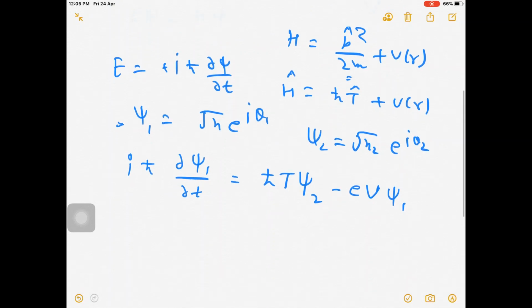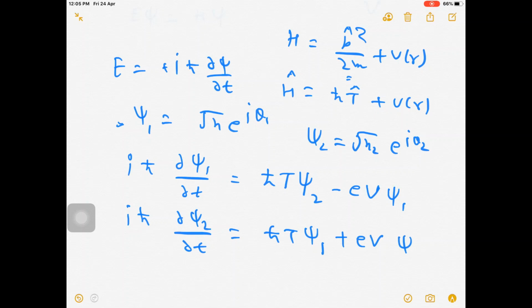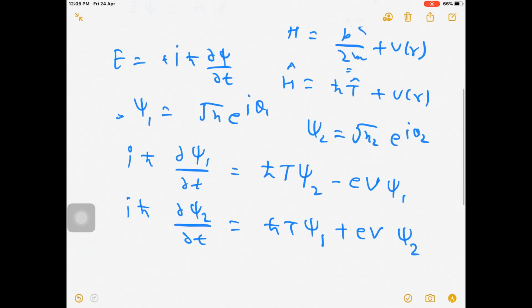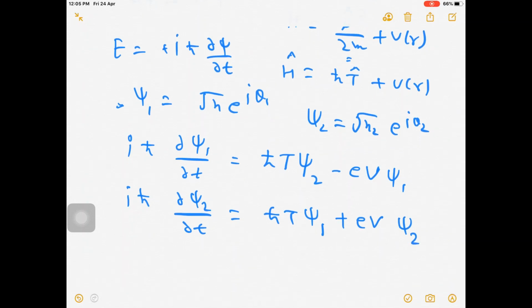Okay, and for the other superconductor I can write iota h cut del psi 2 divided by del t equals h cut T transfer interaction from psi 2 to psi 1, and potential energy will be plus eV, times psi 2. Now it's your choice where you write minus eV and plus eV.